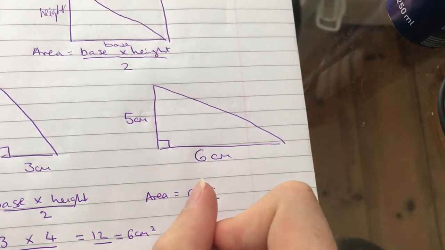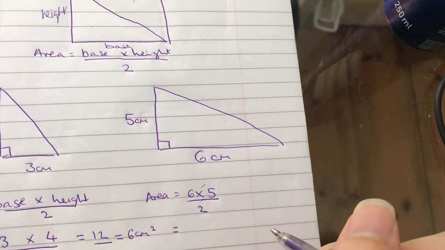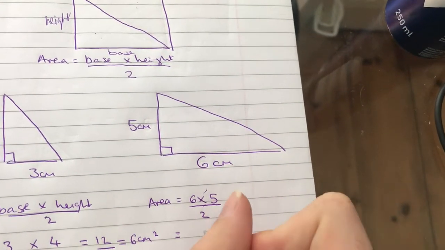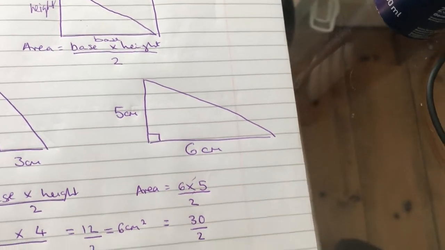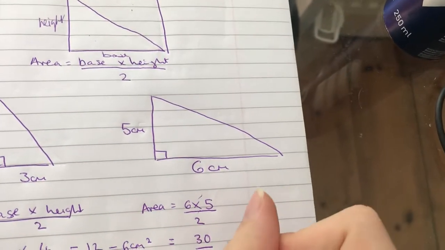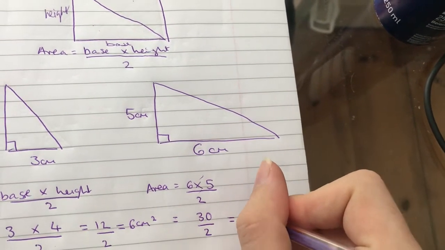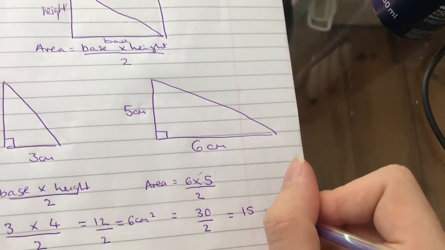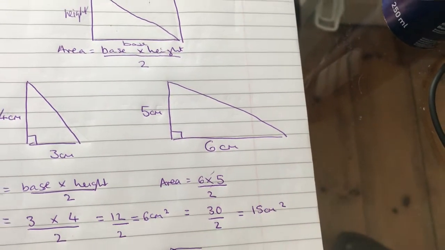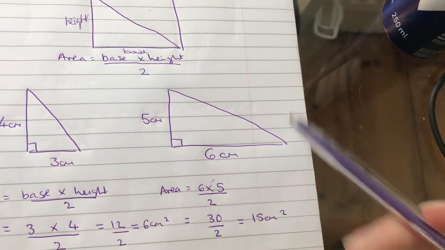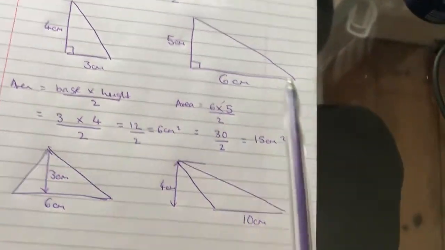So 6 times 5 equals 30. And we keep our over 2. 30 over 2, that's just 30 divided by 2. 30 divided by 2 is 15. And our units are centimetres squared. If it's perimeter, it'd be centimetres, but we're not working out perimeter for today. We're just doing the area.